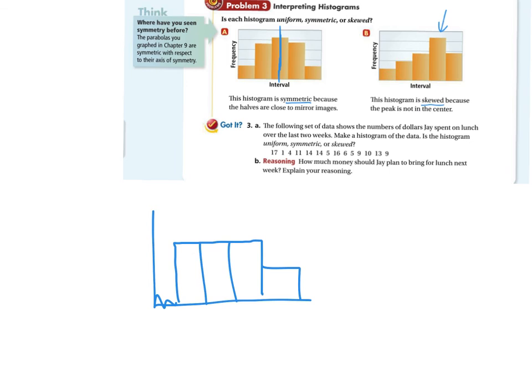This is what our graph would look like for that one. And this is a little bit of a judgment call. This doesn't really fit great into all of them, but probably uniform would be the best we could say. This last bar is a little bit lower than the others, but for the most part they're pretty similar to each other.